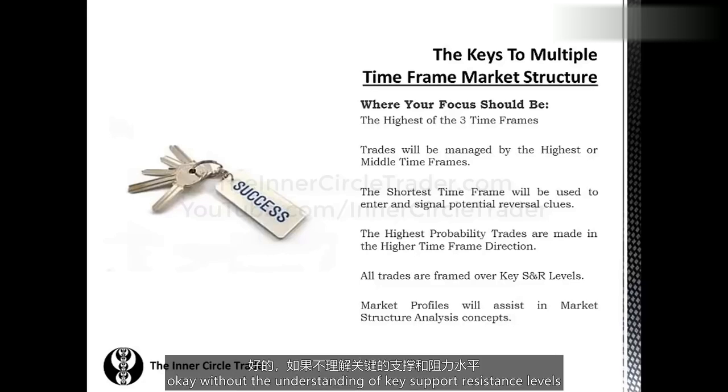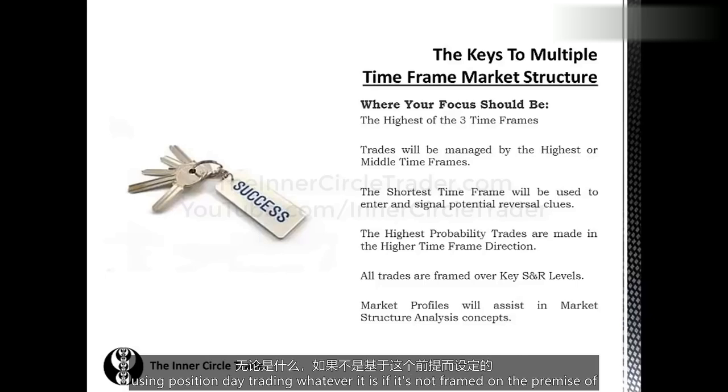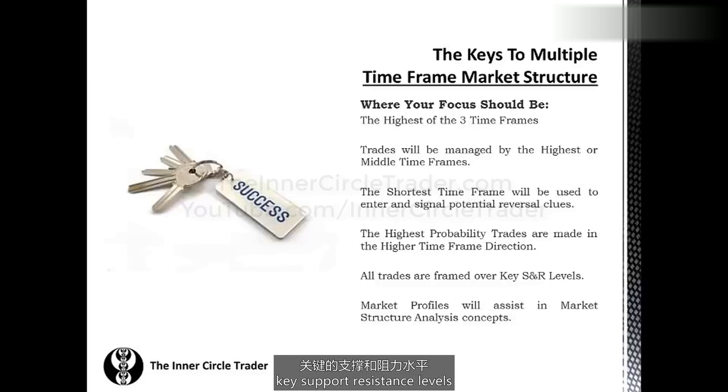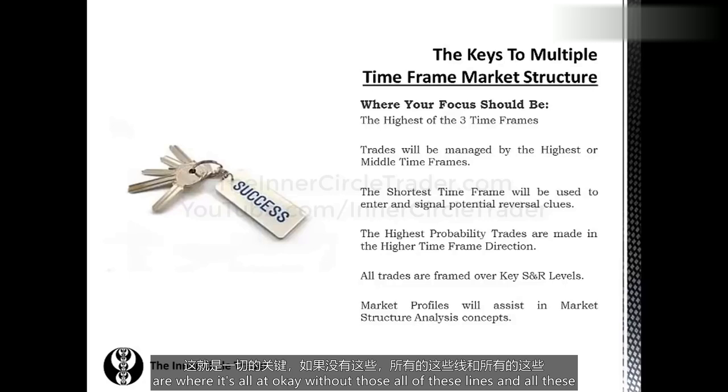Without the understanding of key support and resistance levels, you're not going to get to a directional bias regardless of what trading model you're using, position, day trading, whatever it is. If it's not framed on the premise of key support and resistance levels, it's probably going to be a struggling point for you as well. So you have to go back to the core essentials and sound trading altogether. Key support and resistance levels are where it's all at.